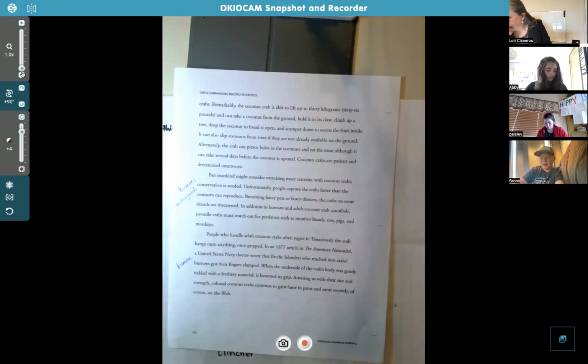It says the crabs can pierce holes in the coconuts and eat the meat, although it can take several days before the coconut is opened. Yeah. Okay. So that meat it's referring to is that. Have you guys ever opened a coconut before, or have you ever seen the inside of a coconut before?